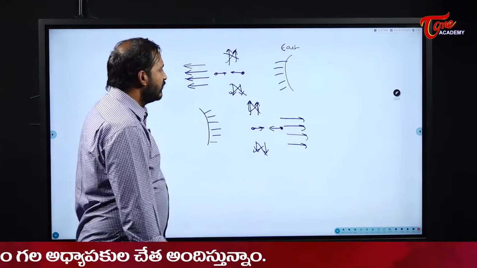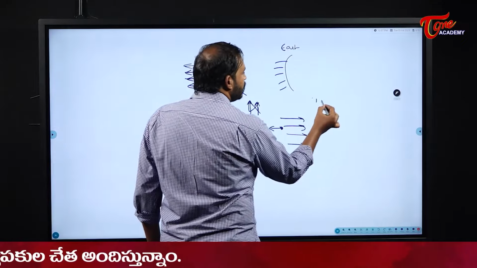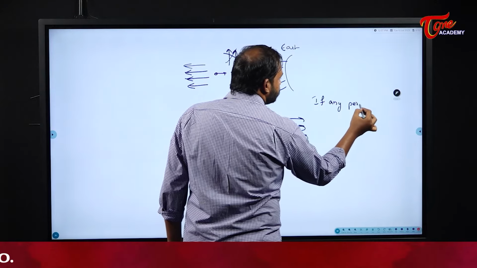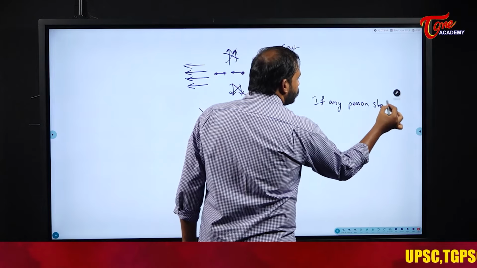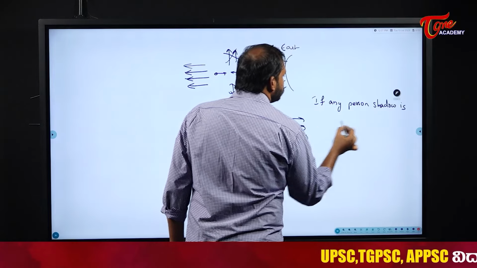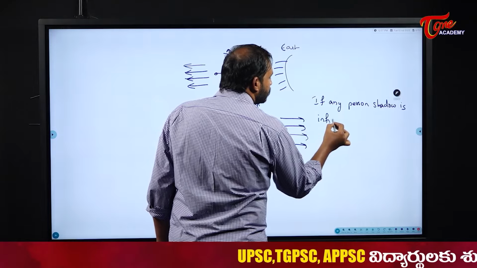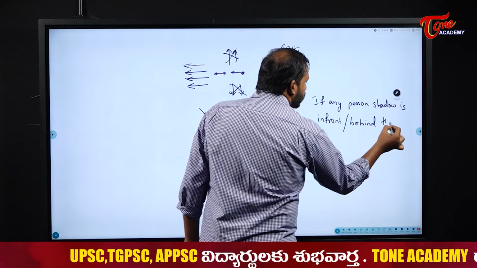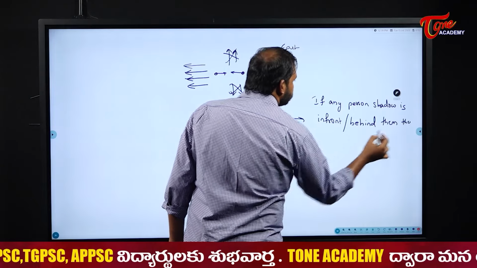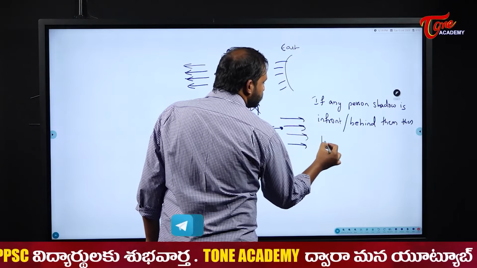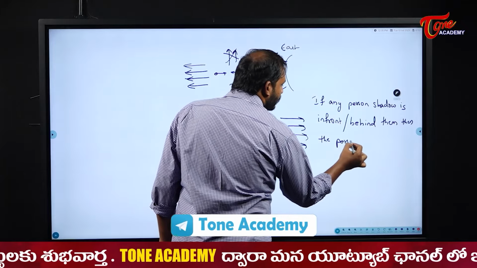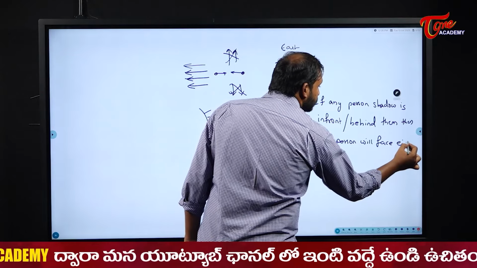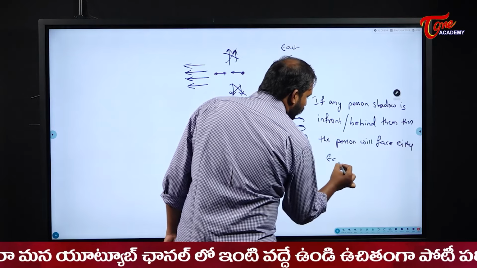So that means if any person's shadow is in front or behind them, then the person will face either east or west.